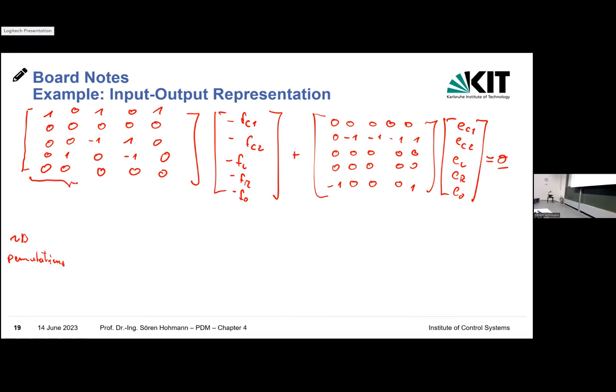So this is called capital F. Here, capital E. And after my permutations, I end up with 1, 0, 1, 0, 1.